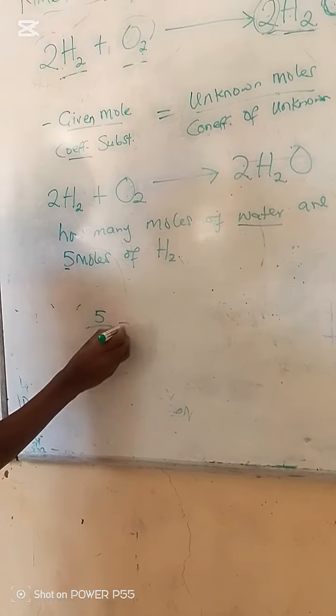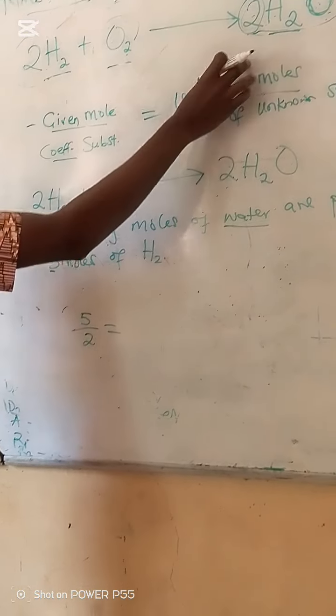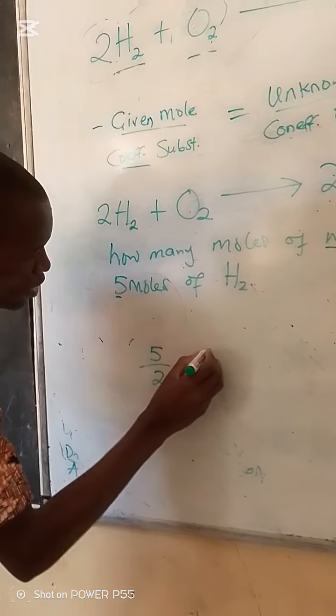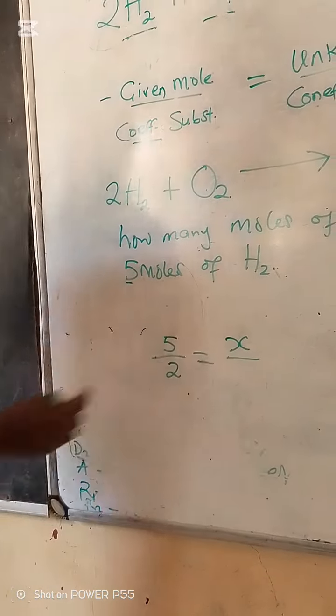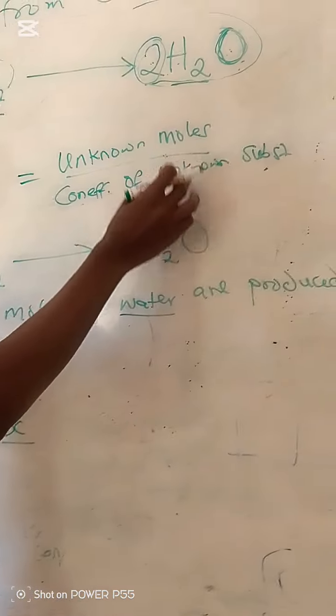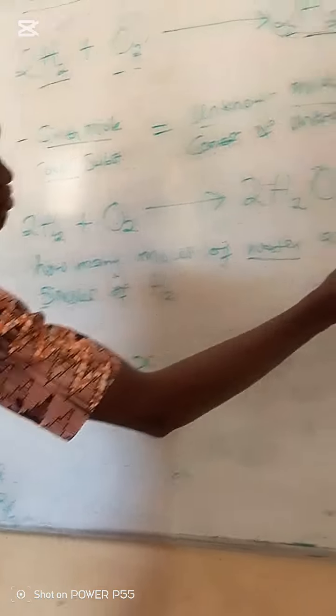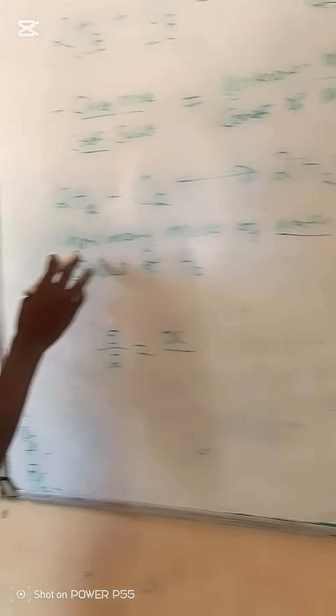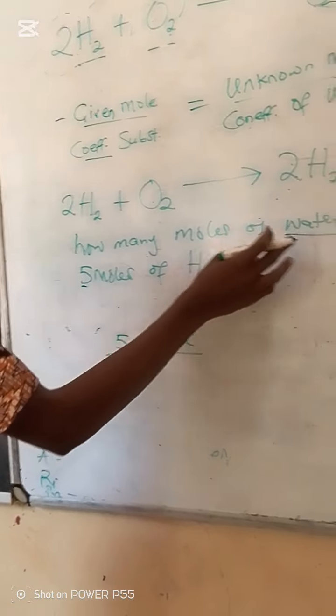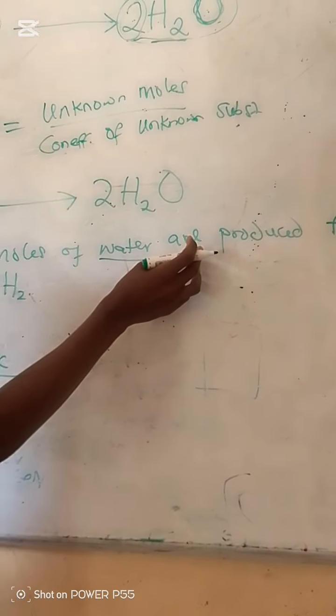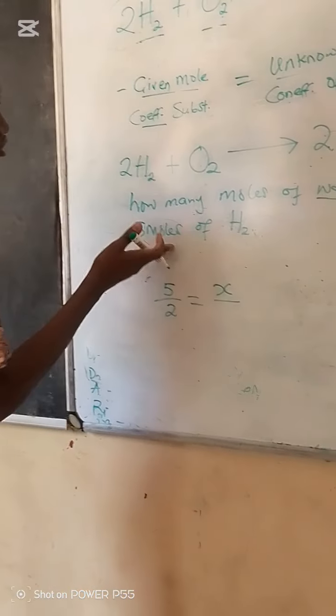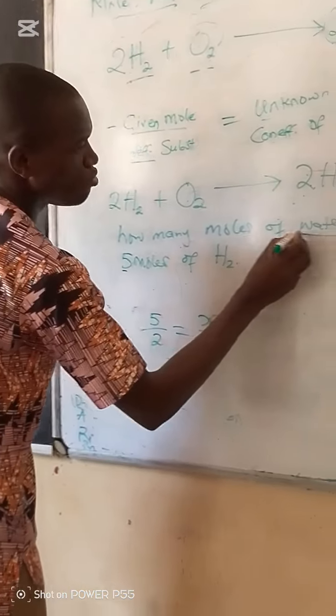Over 2 is equal to the unknown moles. Since it's unknown, let's give it x, all over the coefficient of the unknown substance, which is now hydrogen. They ask how many moles of water are produced from 5 moles of hydrogen. So water still remains unknown.